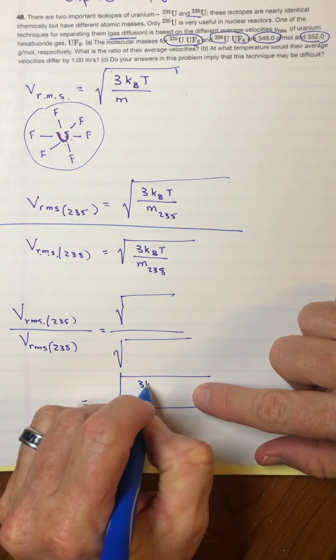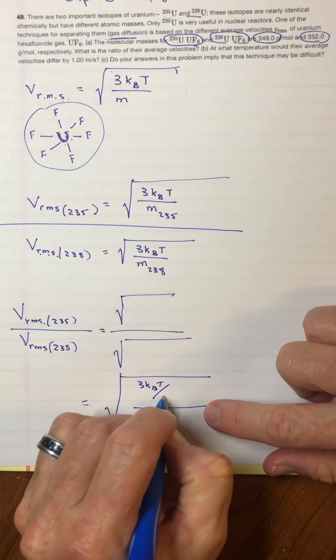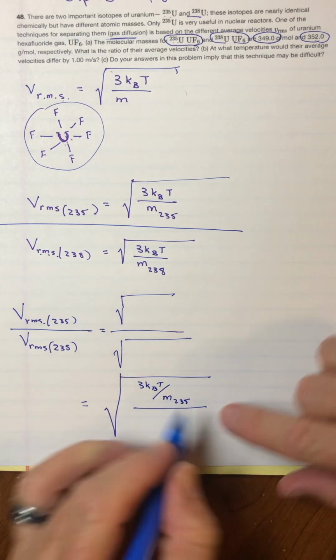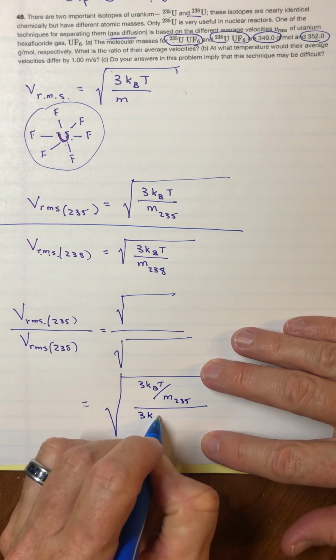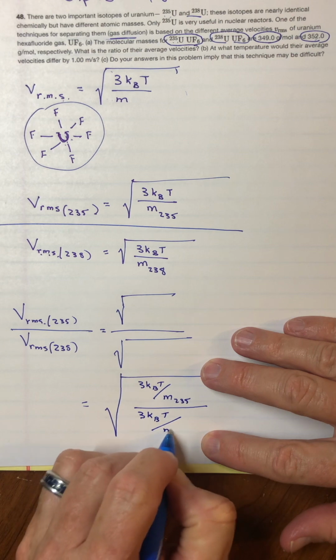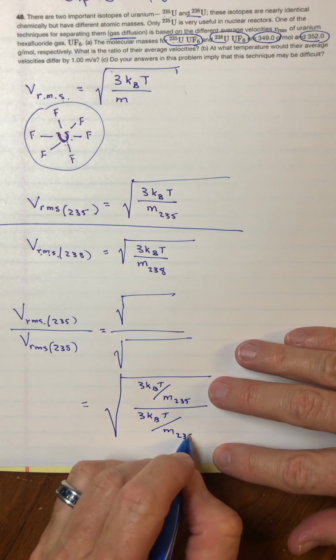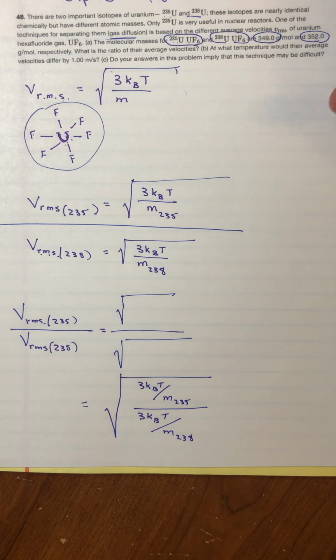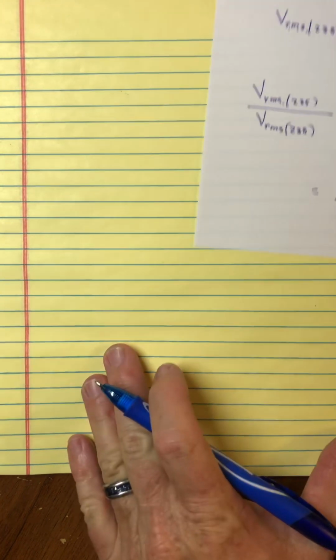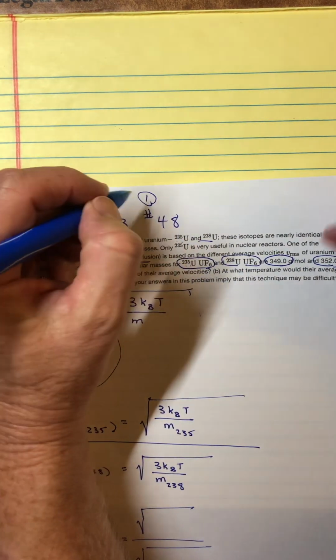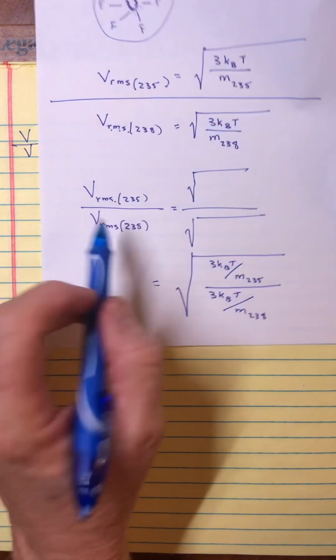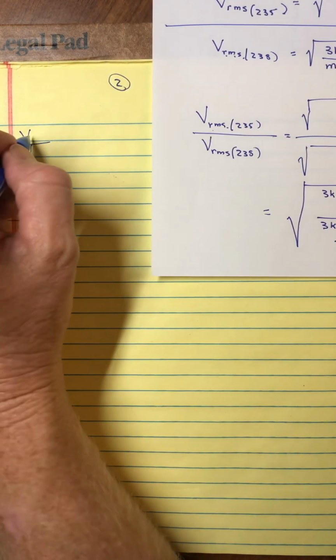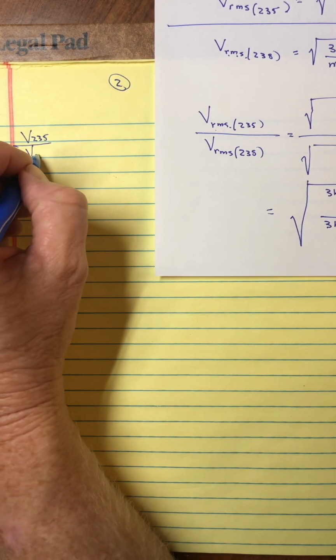So this would be this number in the numerator and this number in the denominator. I think it's going to take quite a bit of work for this problem, so I'll put page 1 and then page 2. But this ratio, velocity to velocity, I'll just drop the RMS and put 235, 238.